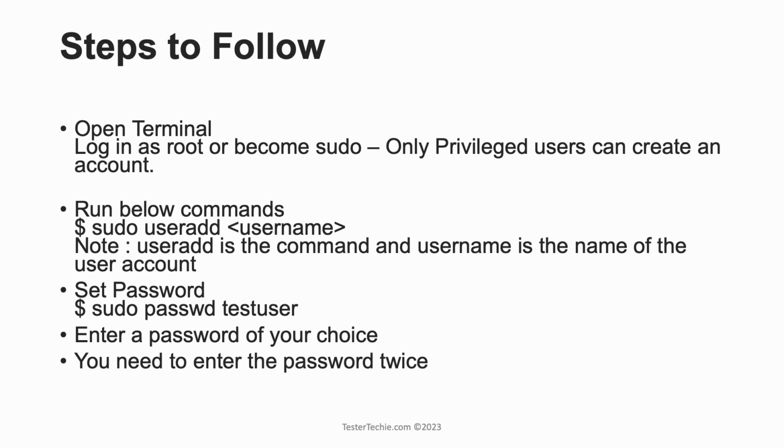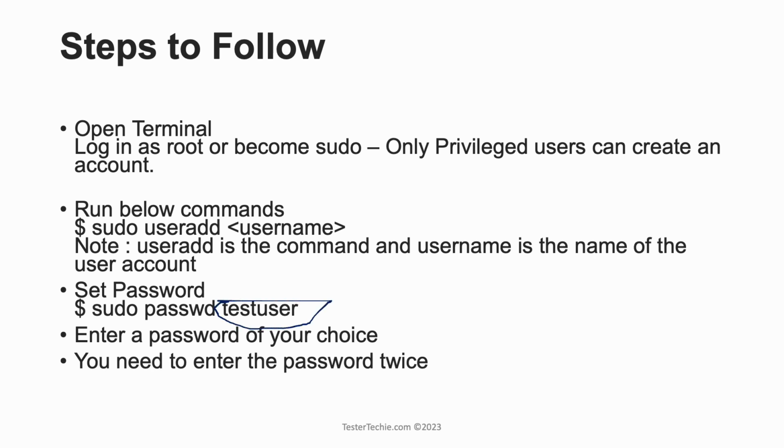Once your account is created, you can set the password. How can you set the password? sudo passwd. So passwd is the main command to set the password, and then the username of the account you created. Let's say you have created an account with testuser as the name.